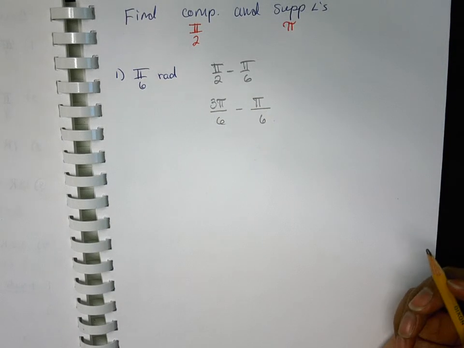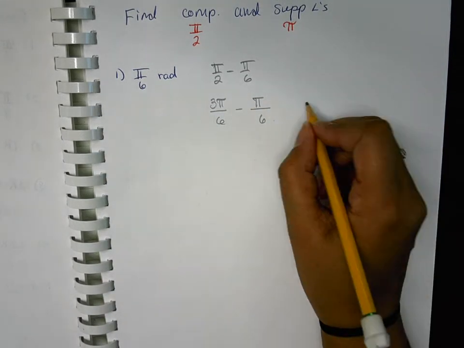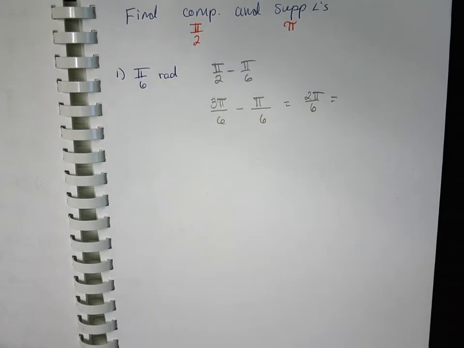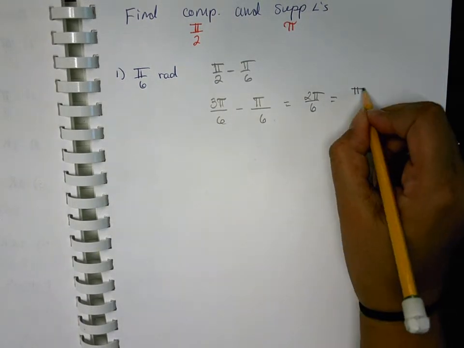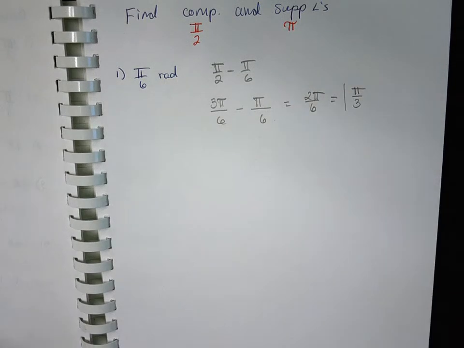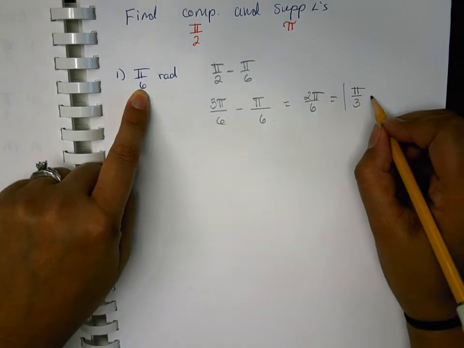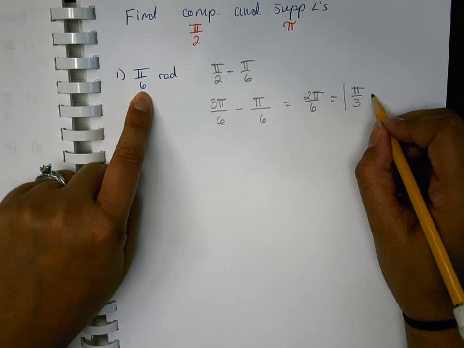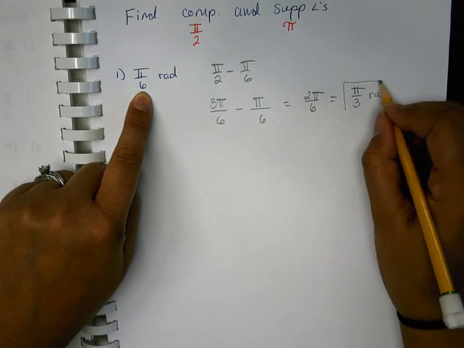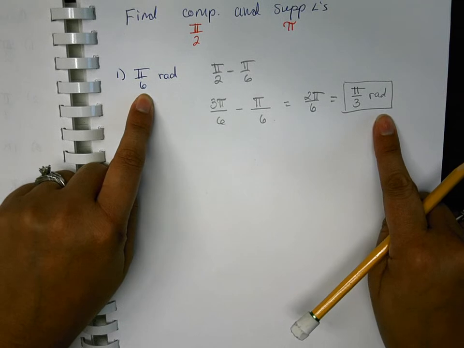Subtract, what do you get? And yes, reduce when you can. Does 2 pi over 6 reduce? Pi over 3. Do any of you remember from last year what pi over 6 was in degrees? 30. And pi over 3 was 60, and what's 60 plus 30? Does it make sense? Yep. All right, good job.